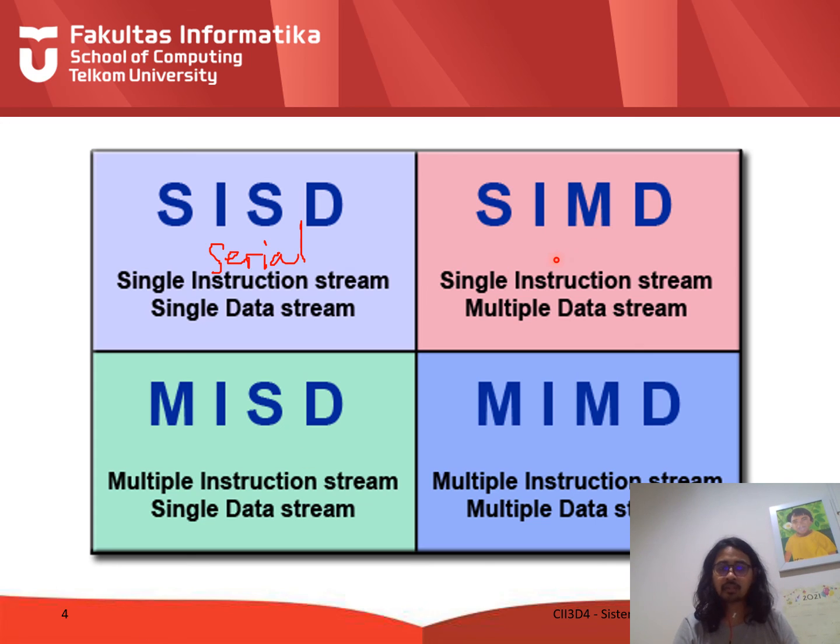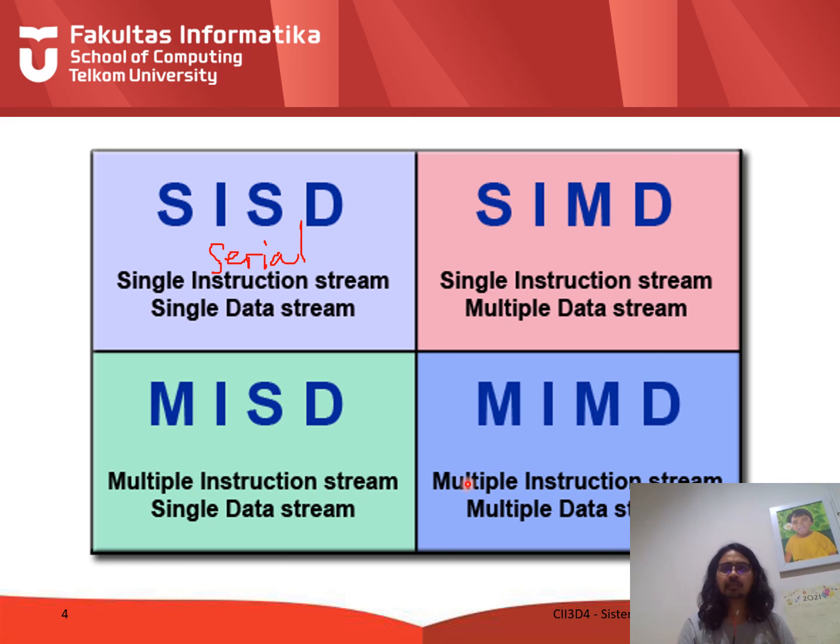So if there are 2 CPUs and those 2 CPUs are doing different tasks, that is called SIMD. And in the scenario where there is one designated adding CPU and one designated subbing CPU, that is called MISD. So multiple instructions with the same data.